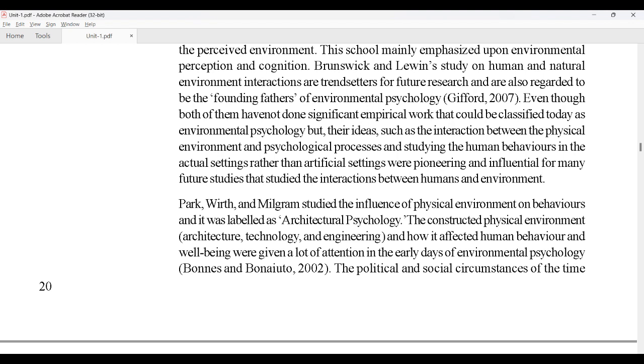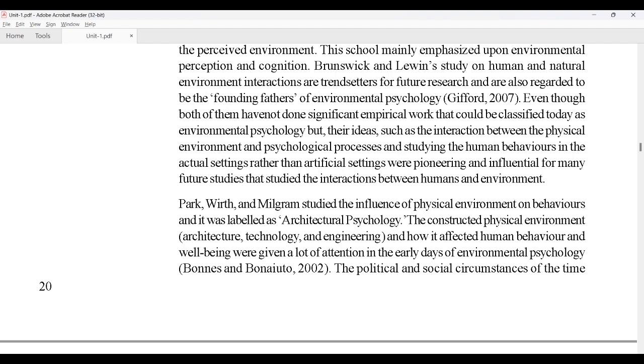Park, Worth, and Milgram studied the influence of physical environment on behaviors, and it was labeled as architectural psychology. The constructed physical environment, architecture, technology, and engineering, and how it affected human behavior and well-being were given a lot of attention in the early days of environmental psychology.